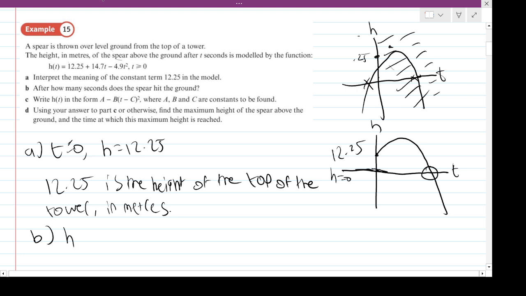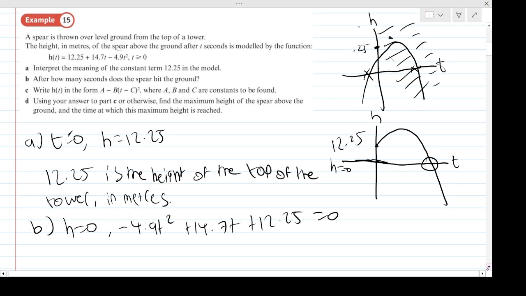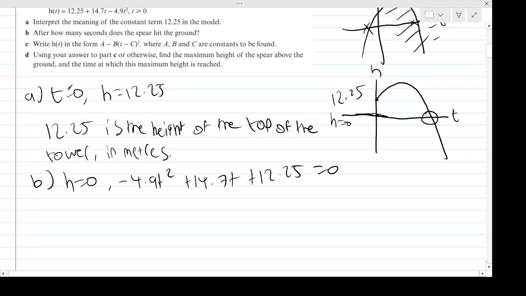Well, that's when h is 0, isn't it? But when h is 0, the whole quadratic equals 0, doesn't it? So minus 4.9t squared add 14.7t add 12.25 equals 0. Well, that's an equation we can solve, isn't it? So we could just solve that by quadratic formula.